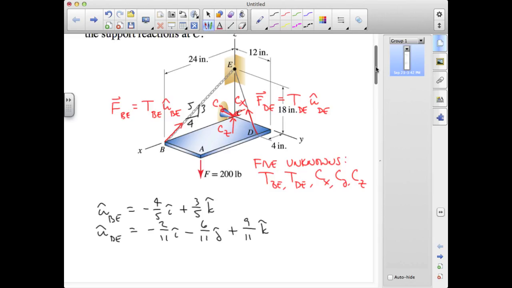So I'm going to begin there. I'm going to take the sum of the moments about C and set that equal to 0.